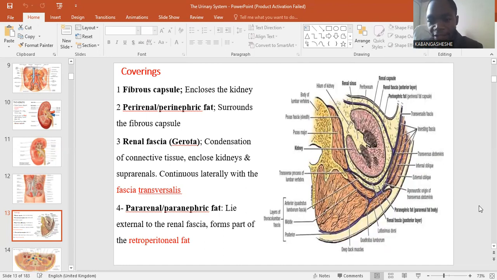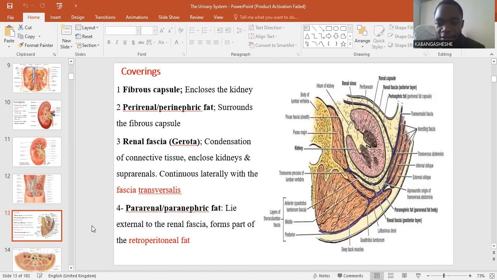So during that time, the kidney becomes vulnerable to injury resulting from either sharp or blunt trauma directed at the areas where the kidneys are found, that is posterior between thoracic vertebra number 12 and lumbar vertebra number 3. So we still need fat around the kidney for protective purposes.